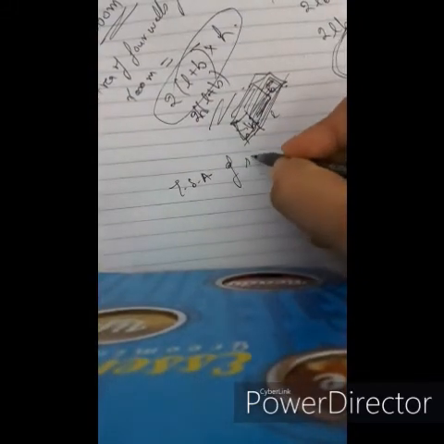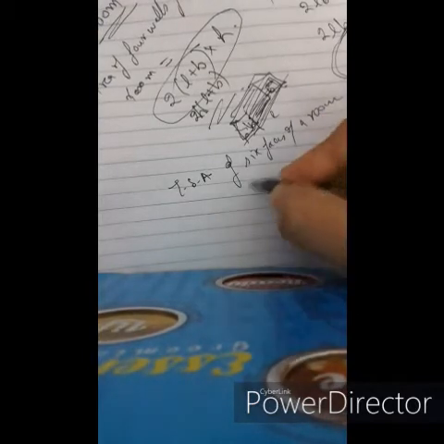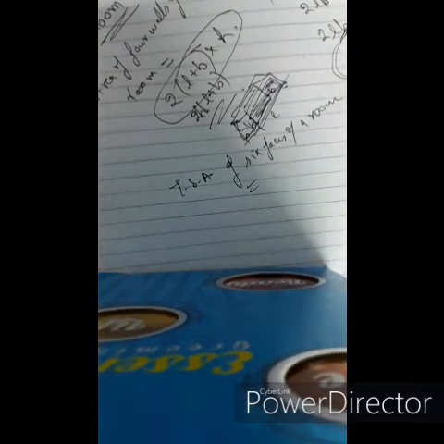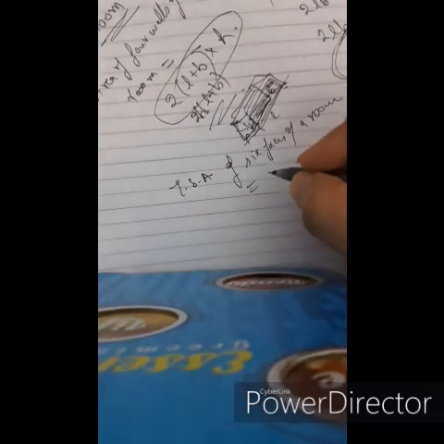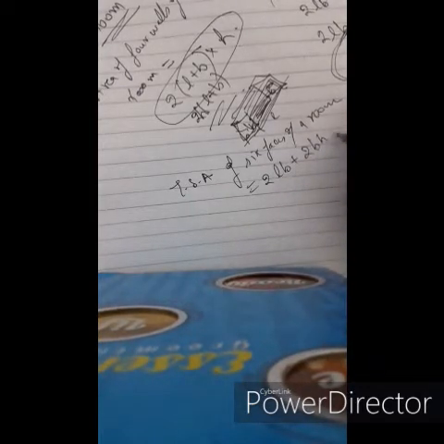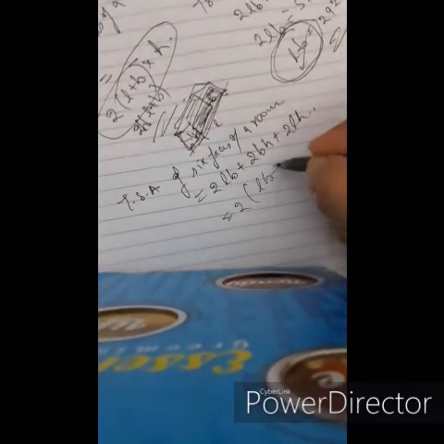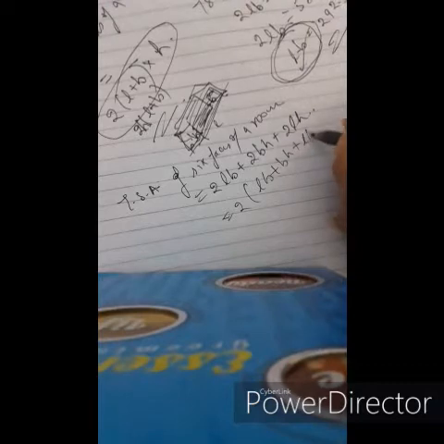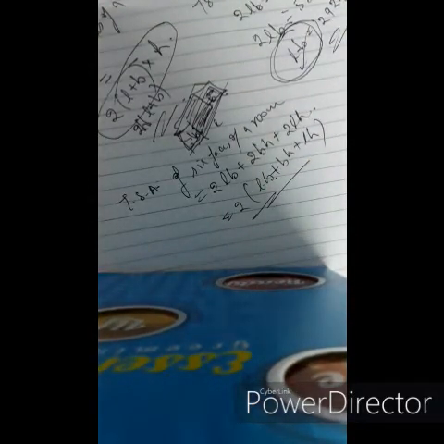of six faces of a room which is in the form of a cuboid is 2 into LB plus 2 into BH plus 2 into LH. You can denote it in the formula 2 into LB plus BH plus LH, that is 2 into length into breadth plus breadth into height plus length into height.